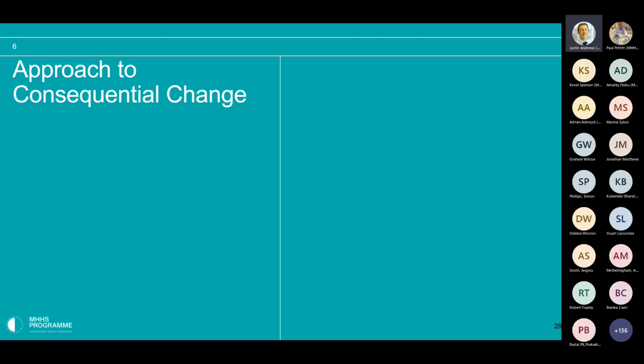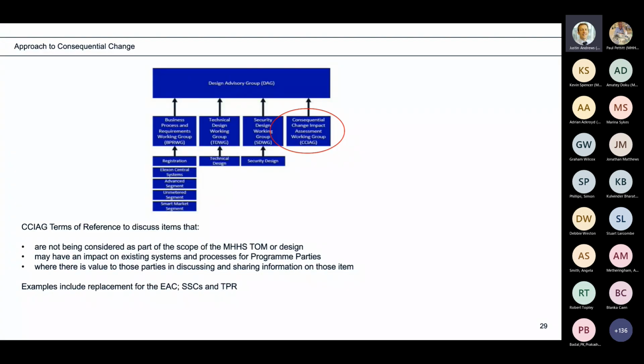So a quick slide or two on consequential change. You may have noticed earlier that I showed a diagram of the design advisory group. They're responsible for reviewing and approving the design that's been built up by primarily these groups here. We have also got this group here called the Consequential Change Impact Assessment Working Group.